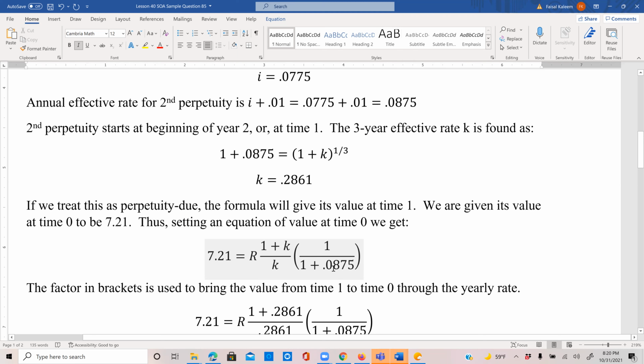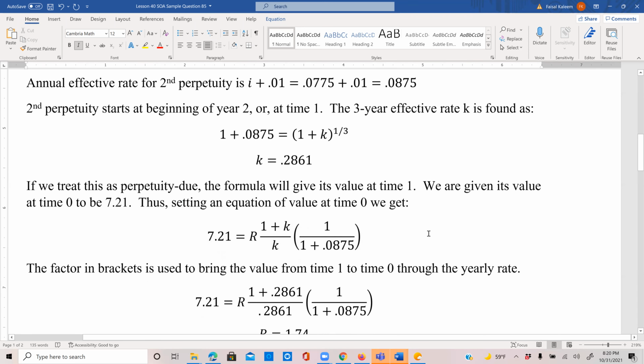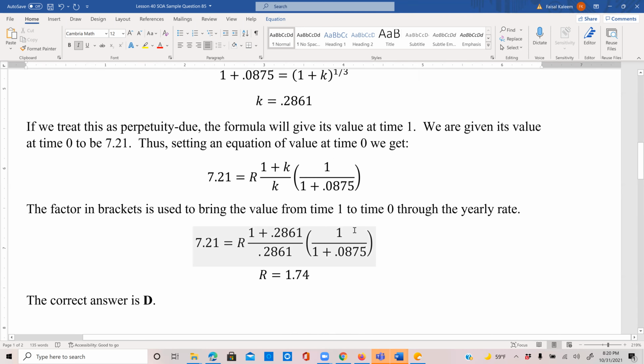And we use the 1-year effective rate, which was 0.0875 for the second perpetuity. So 1 over 1 plus the interest rate pushes it back 1 period from time 1 to time 0. And the goal was to calculate R. So we substitute the K and then evaluate all this expression and then divide by it. R comes out to be 1.74. That's choice D.